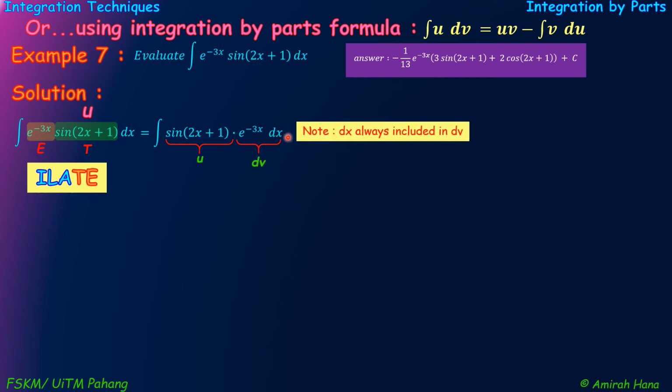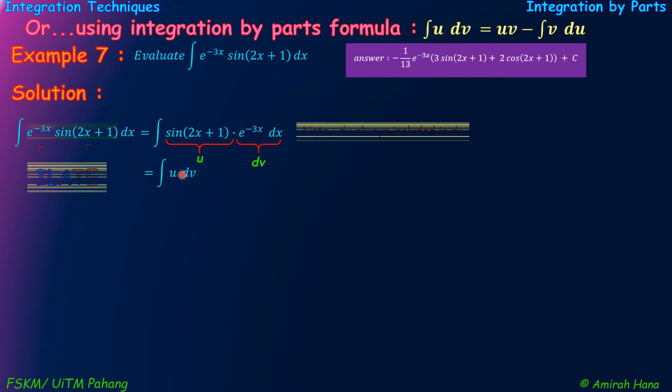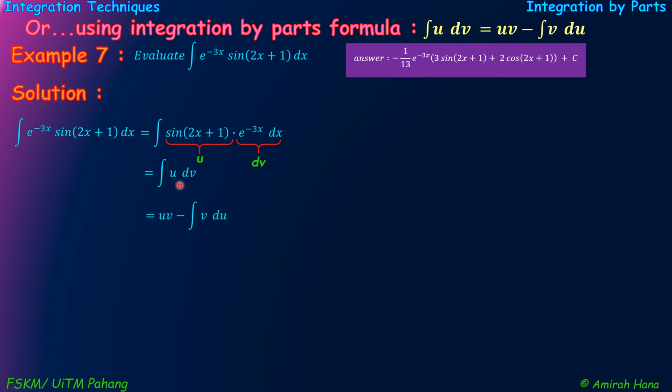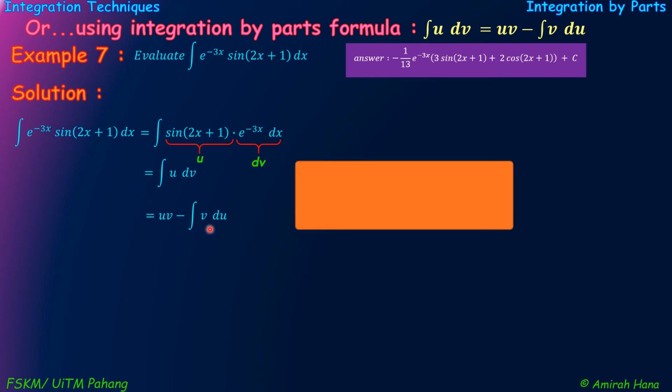Note dx is always included in dv, right? And then we can rewrite it as the integration of u dv. Under the integration by parts formula, the integration of u dv equals uv minus the integration of v du.